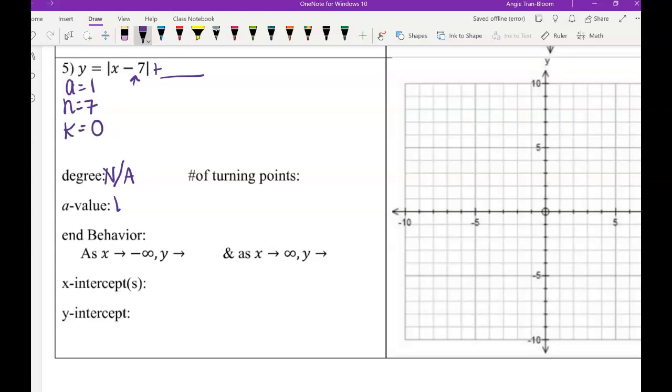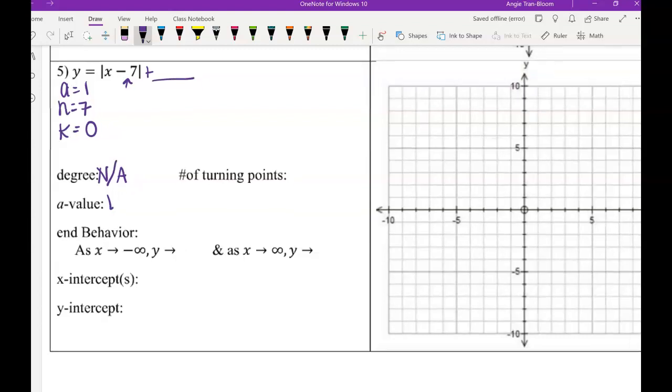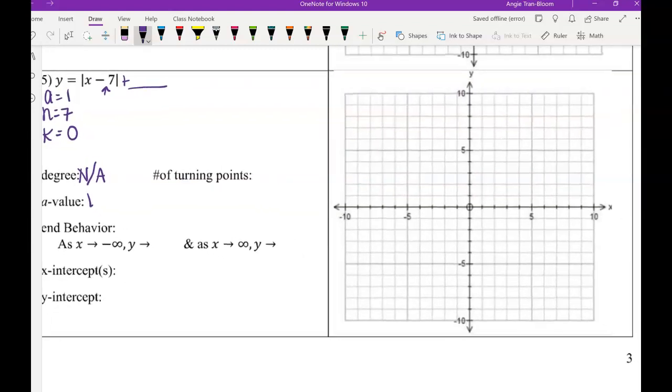Okay. So even though we don't have a degree for this one, like I said, it's a special function, so we are still going to have a turning point, 1 to be exact. But let's graph it out first. When H is 7, so 7, and Y stays at 0, you do have a 1, so that's also your slope, okay? So this is your slope, which in the absolute value, we call it plus or minus.